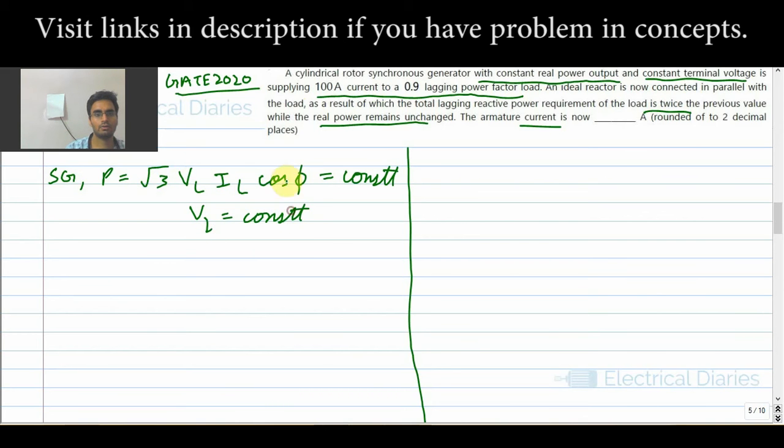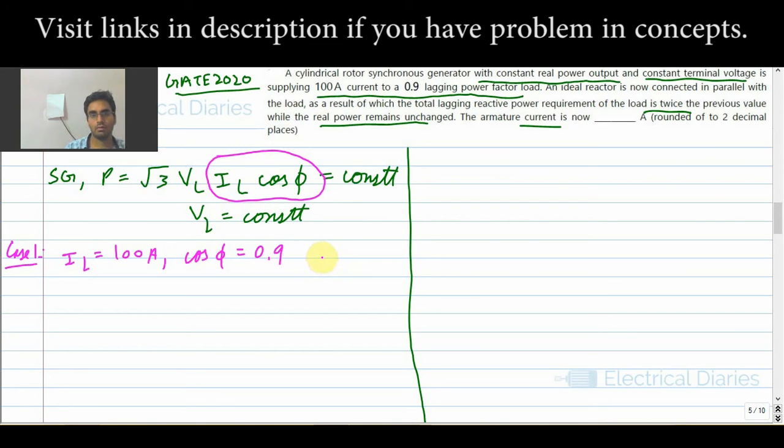So the only thing for us to worry about is the current and the power factor. He is saying that it is supplying 100 ampere current, so the current is also given for case 1. Case 1 is IL is 100 amps and cos phi is 0.9.